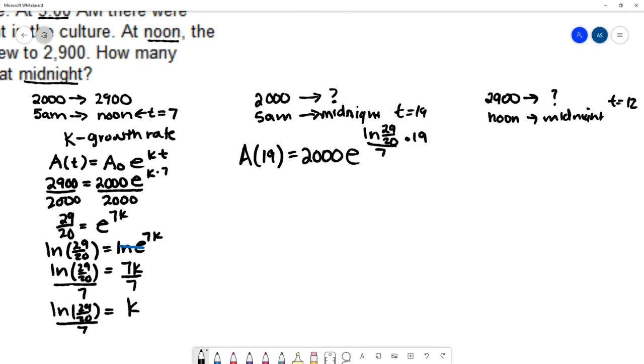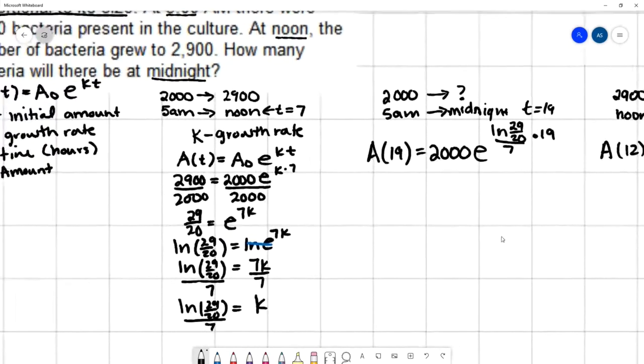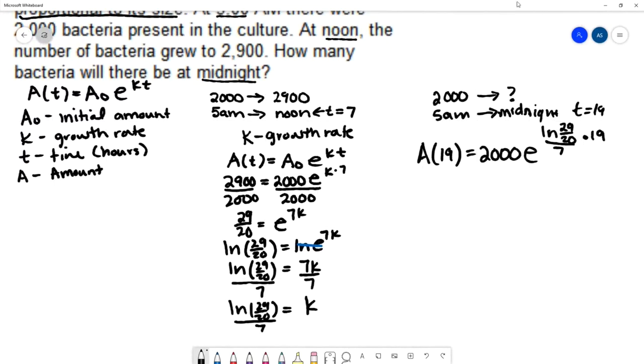Or if you start at noon, you'll say A of 12 hours is 2,900 e to the natural log of 29 over 20 over 7 times 12. Let's type both of these in our calculator and you'll see that you get the same answer. So let's start with this one first.